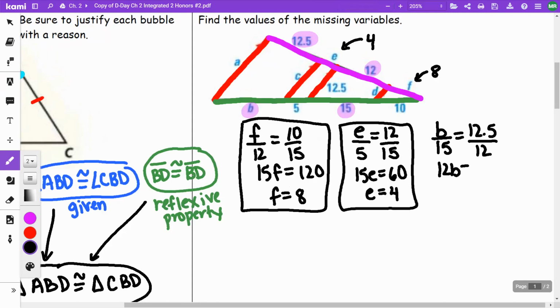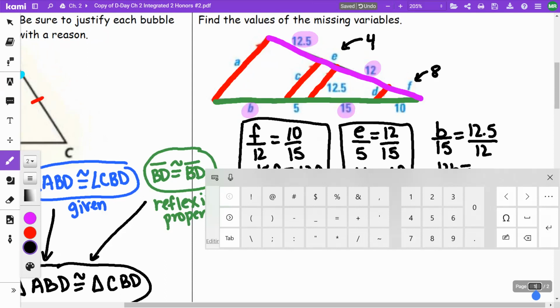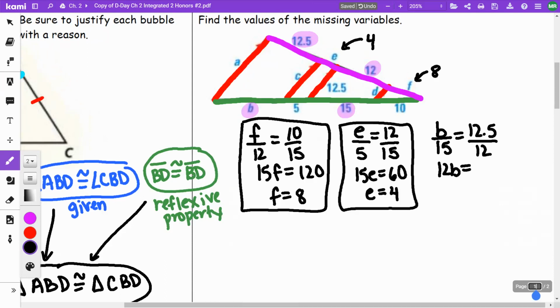So I get 12B is equal to 15 times 12.5. I get 187.5. And when I divide by 12, I get 15.625. So this right here is 15.625.